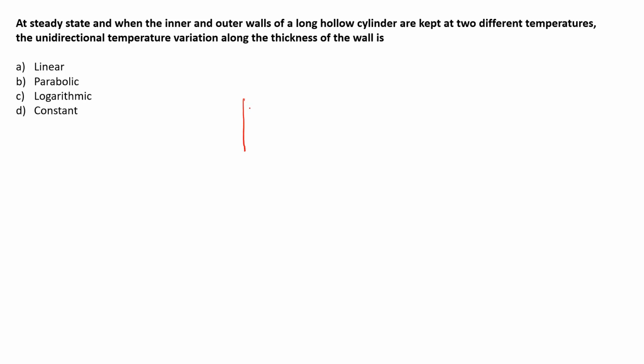This is your inner radius and this is your outer radius, and these two are at different temperatures, T1 and T2. So how does the temperature vary along the thickness of the wall?